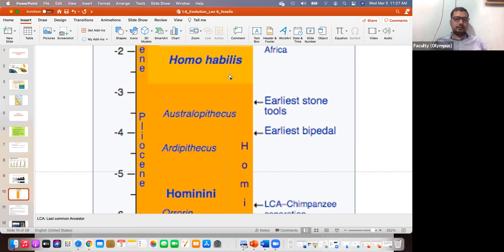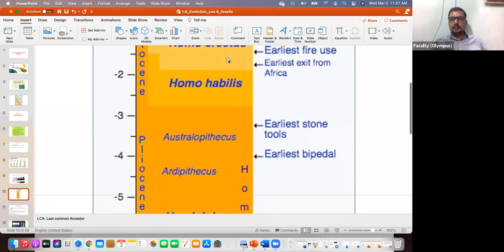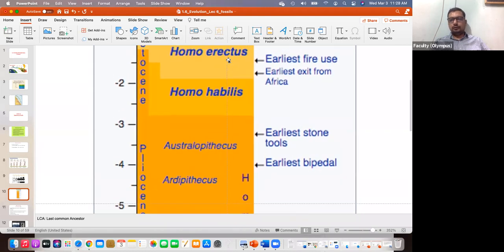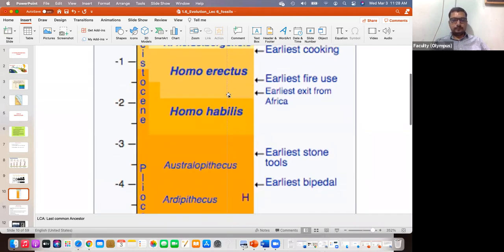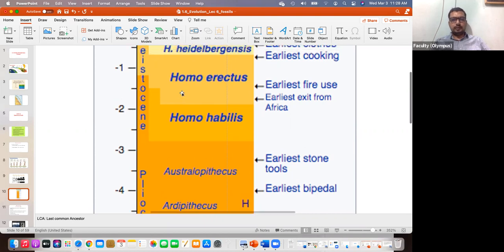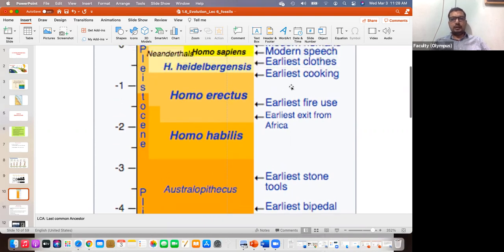And stone tools, as I was already showing you, might have started after Australopithecus, like in the Homo habilis time. And Homo habilis is not in the syllabus, but this is something a really key one I have seen. I might give you a few features of Homo habilis. And after Homo habilis during Homo erectus time, that is between 2 to 1 million years approximately, where we might have found the earliest fire use.